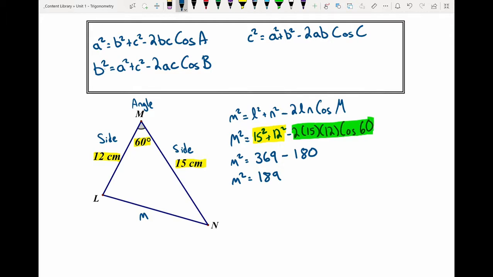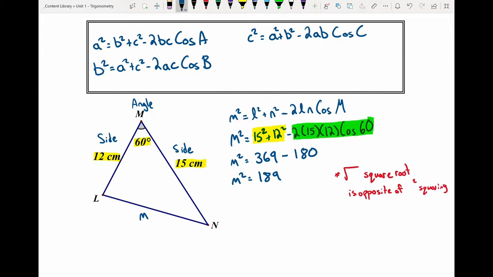Now we're not quite done. We want to find the side length M, not M squared. So what we have to do is the opposite of squaring, which is the square root. You may remember this from Pythagorean theorem.